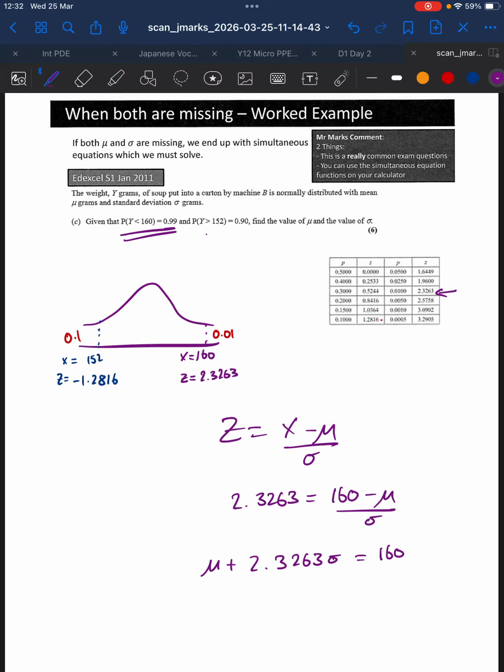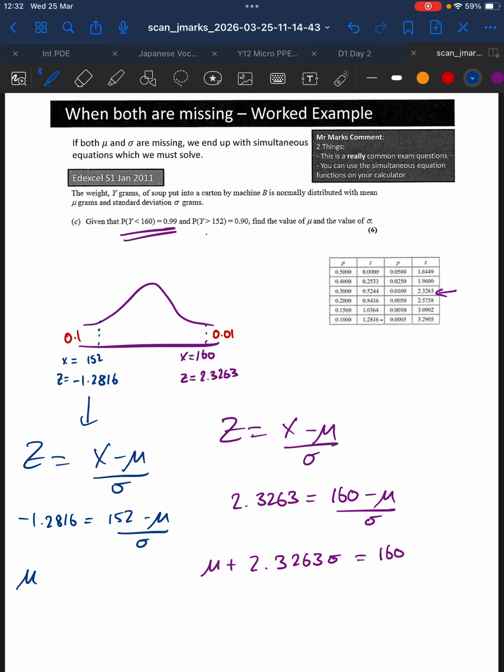Just check you're happy with that rearrangement. I've multiplied by sigma and I've added mu to both sides. Same over here. So z equals x minus mu over this. So minus 1.2816 equals 152 minus mean. It's the same mean and the same standard deviation in both parts.